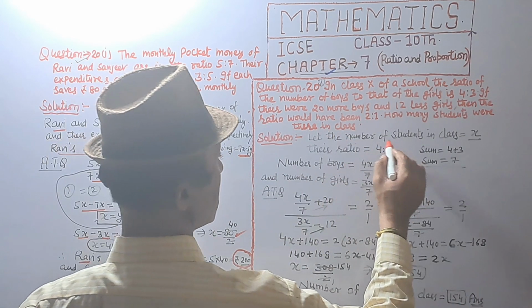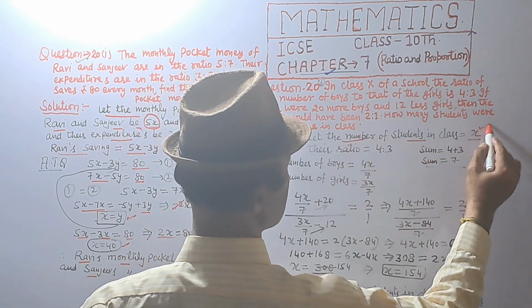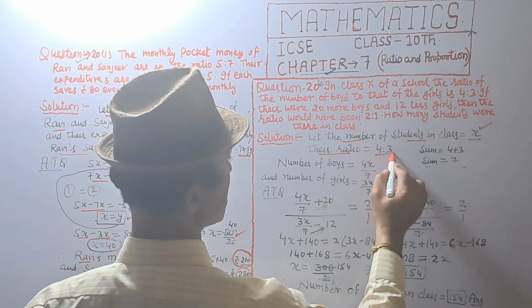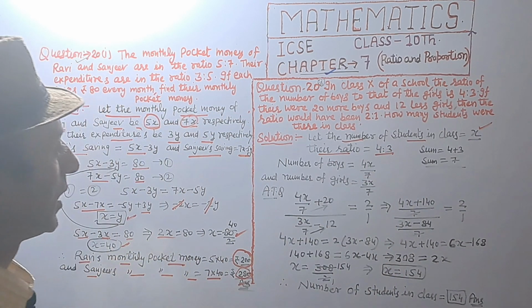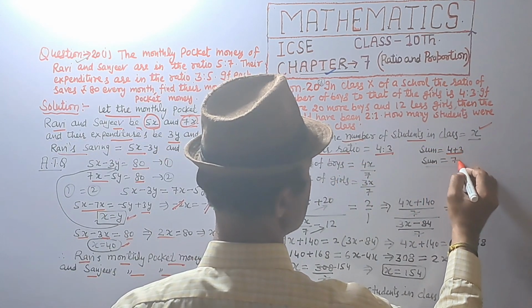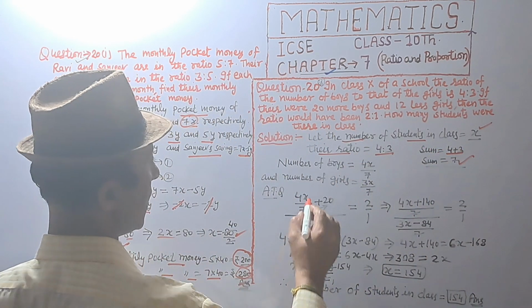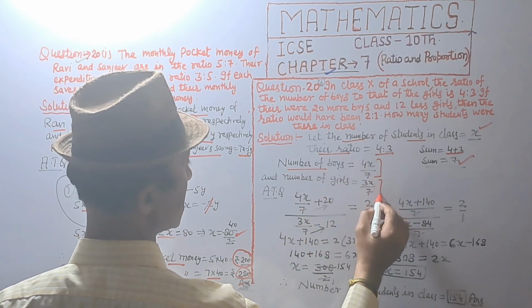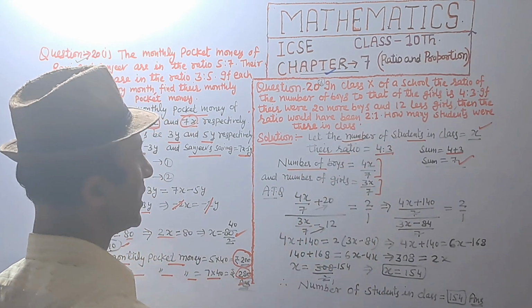Answer: Let the number of students in class be x and their ratio is 4:3, and sum of ratios is equal to 4 plus 3, that is equal to 7. Number of boys is equal to 4x upon 7. Number of girls is equal to 3x upon 7.